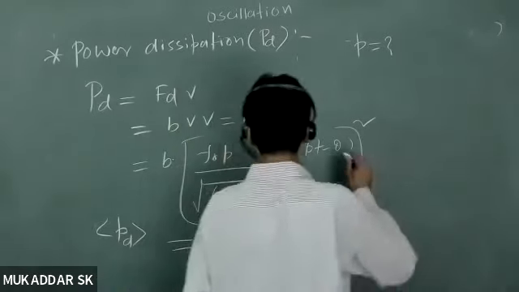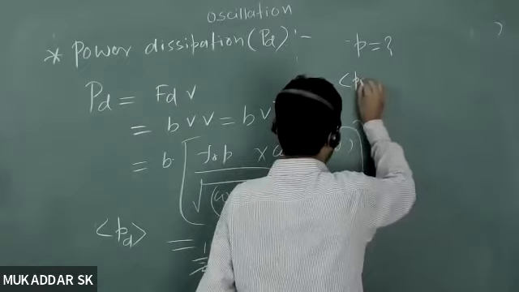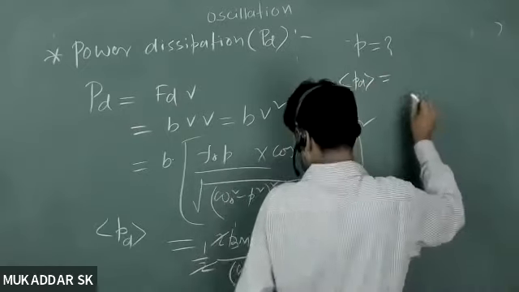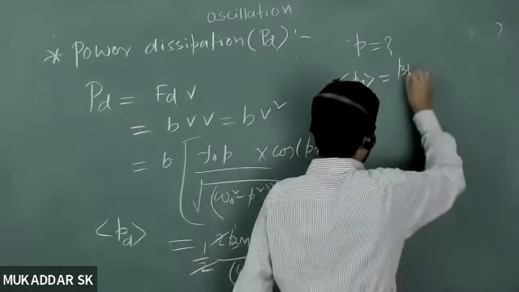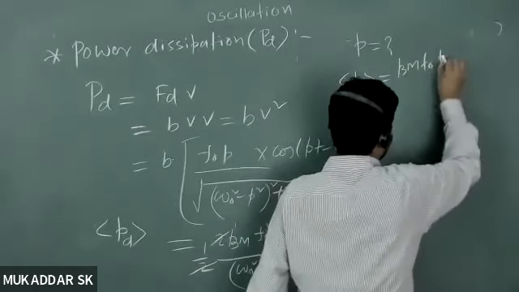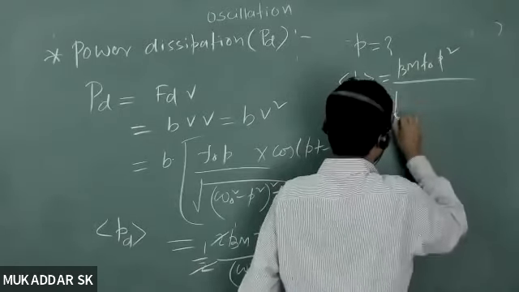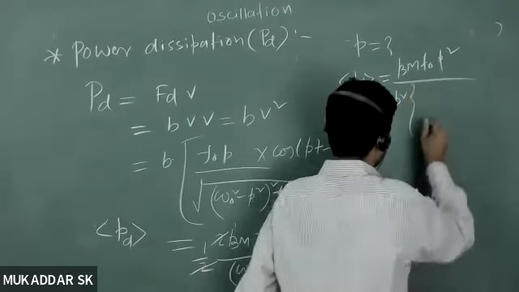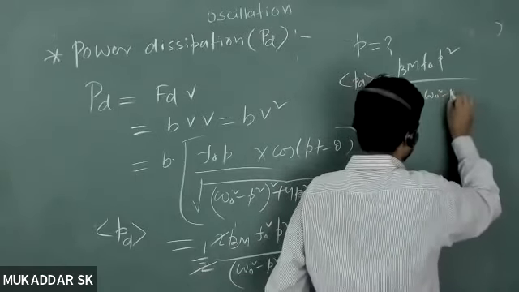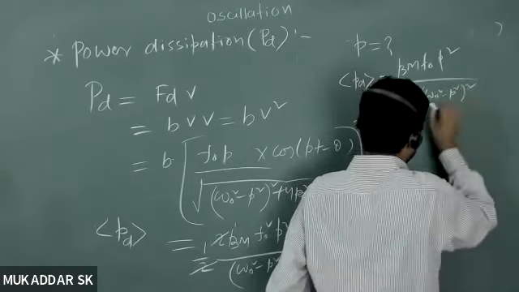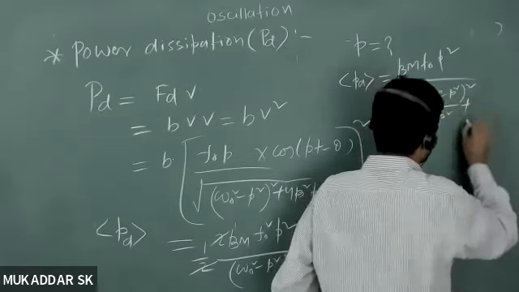So PD will become beta m f naught square divided by, taking P square common, omega naught square minus P square whole square divided by P square plus 4 beta square.